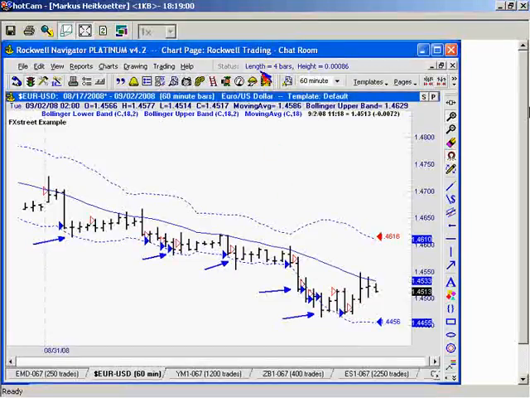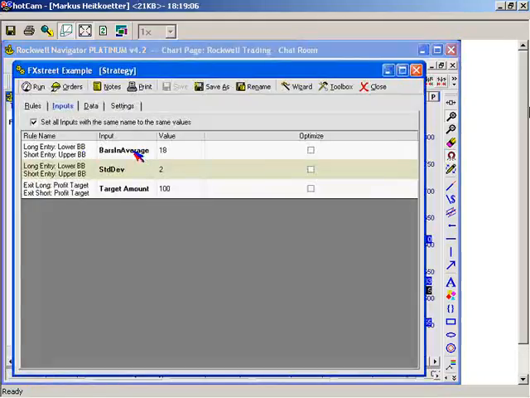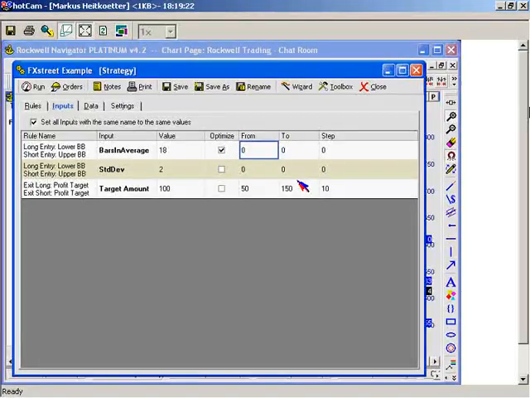Okay, well, let me go back, and as you know, I defined everything here as variables. So let me do the following. Let me use a different setting here instead of 18 for the Bollinger Bands. Okay? So let me see if we can get any better results. We want to test parameters between, let's see, 6 and 22.